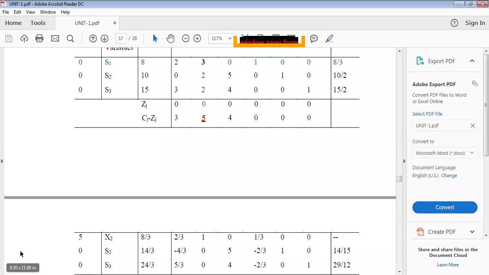So here you write down new R2 is equal to old R2. Old R2 means this is old R2, minus 2 into new R1.